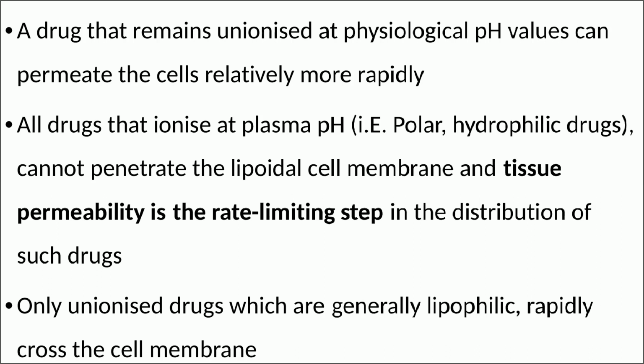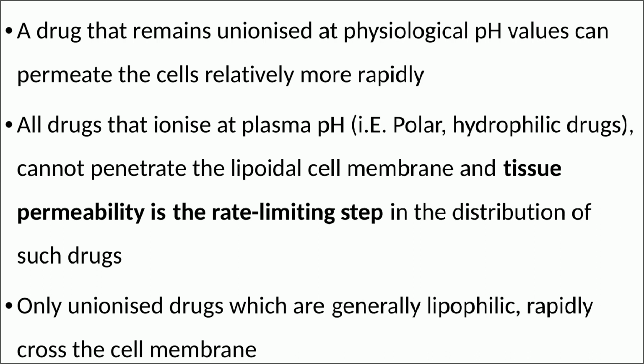A drug that remains unionized at physiological pH values can permeate the cells relatively more rapidly, because the structure of cell walls is predominantly lipophilic in nature, and this lipophilic nature is more suitable for unionized drug.